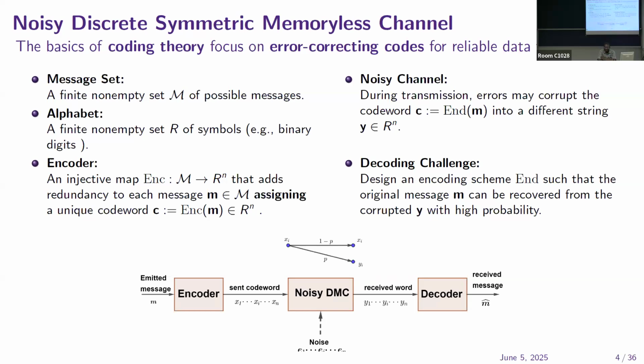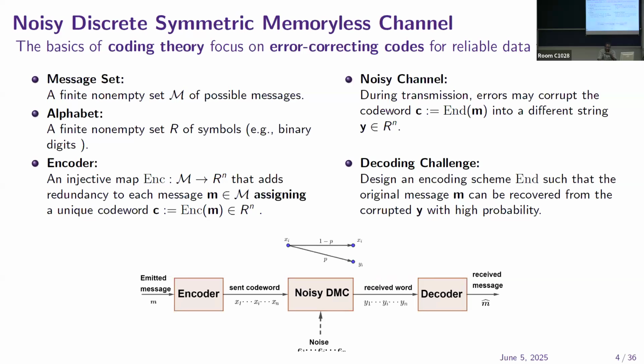After, we have the noisy channel. In the noisy channel, during the transmission, errors may corrupt the code word into a different word.